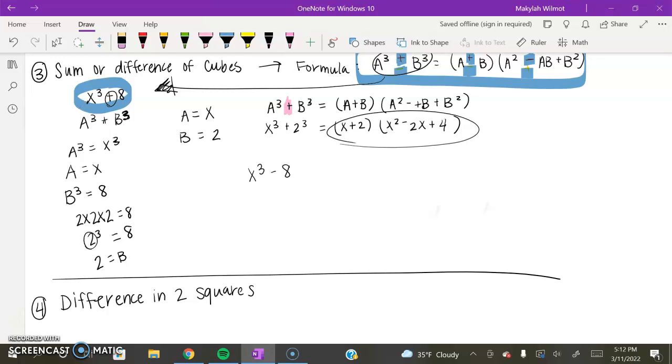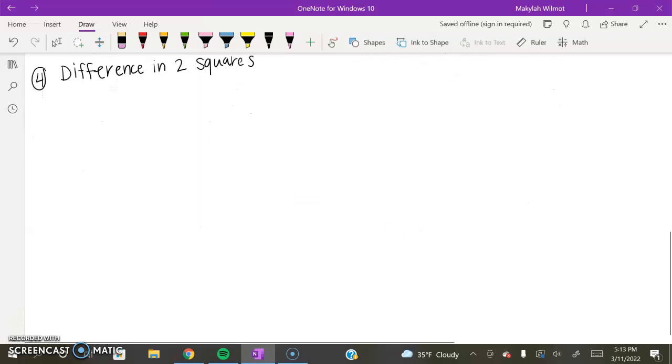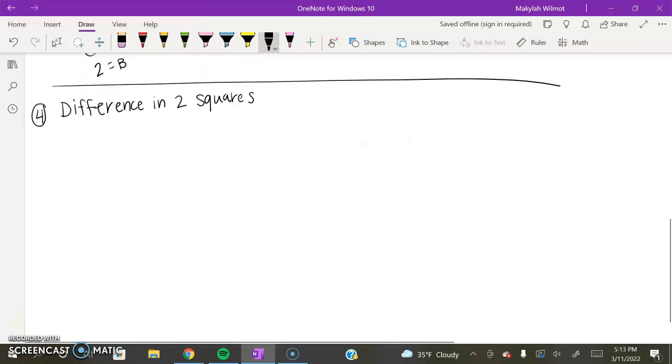If you see x to the second, that might be a hint of a square. But without actually knowing, you might not know, and that's going to take you looking it up, or using your calculator to find out if it's a cube or a square.